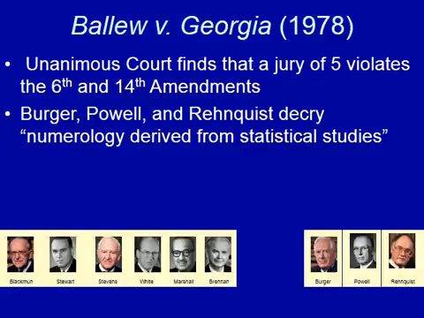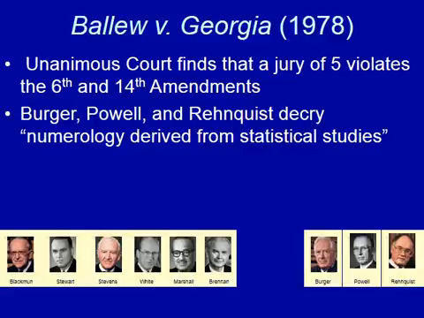And here, the court's decision, in fact, was unanimous that a jury of 5 violates the 6th and 14th Amendments. Unanimous, but with these 3 curmudgeons over here, Powell, Burger, and Rehnquist on the right.